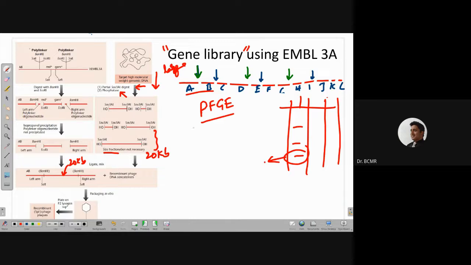I hope you remember the electrophoretic mobility of DNA, which is the movement of DNA in an electric field. The mobility of DNA is based on size.